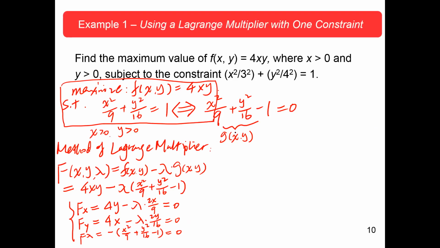Is that equivalent to the constraint that we had? Okay. So now we have equation 1, equation 2, and equation 3. So we just need to solve the system for x, y, and lambda.